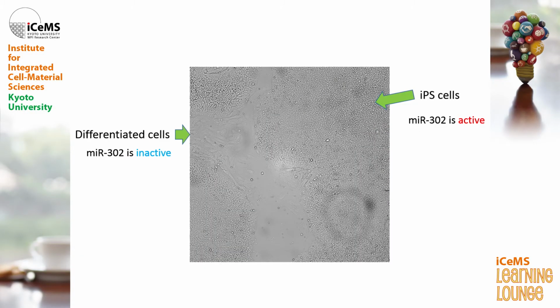This is an image of cultured iPS cells, a little bit difficult to see, but there are two types of cells in this image. Small and high density cells are iPS cells, and larger cells are differentiated cells. Like this, iPS cells start differentiation while culturing.